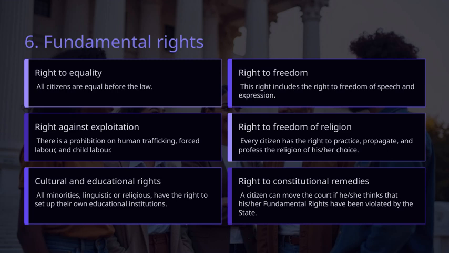Finally, the right to constitutional remedies acts as a safeguard. If someone feels their fundamental rights are violated, they have the right to approach the courts to seek justice and ensure their rights are protected. All these rights collectively form the foundation of our individual freedoms and social justice, aligning with the overall theme of building a fair and equitable society.